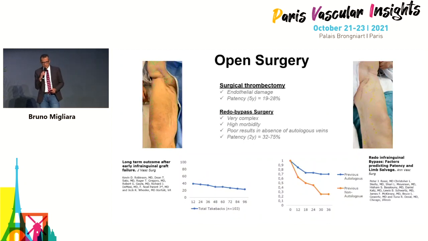Considering open surgery, of course, ruling out the Fogarty thromboembolectomy due to the unacceptable result, open surgery is based on redo bypass surgery, but we know well that, I'm a vascular surgeon, I hate a patient like this with many previous revascularizations in the same leg, and we know well that this type of patient is really, really tricky.